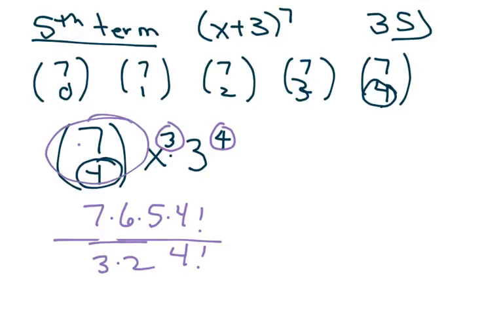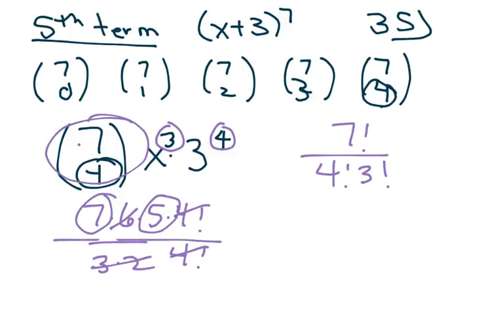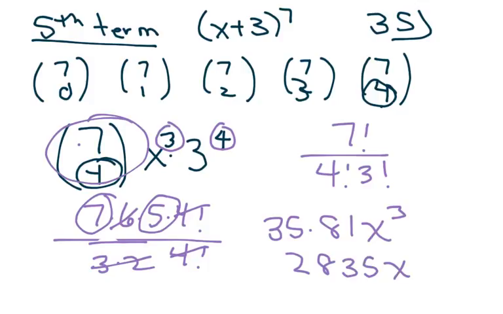Again, this right here is 7 factorial over 4 factorial times 3 factorial. So the 4 factorials cancel, and you get 35 times 81 x to the 3rd. Use your calculator, and that equals 2835 x cubed.